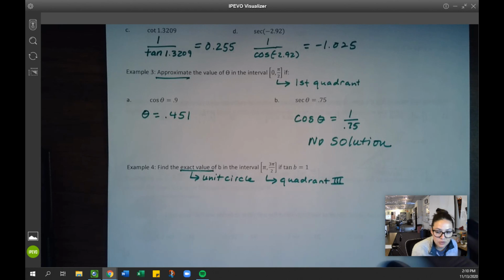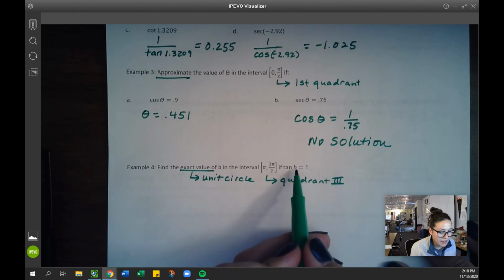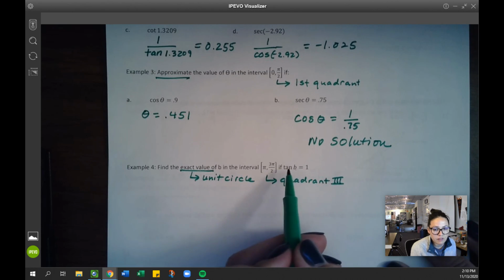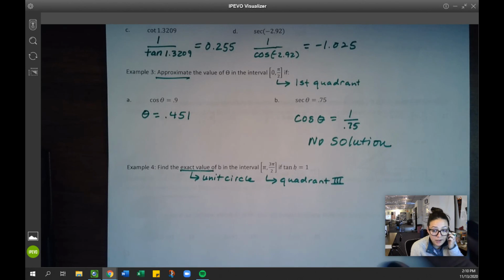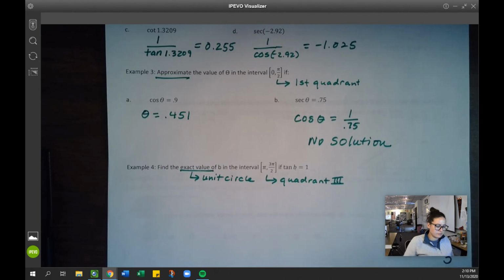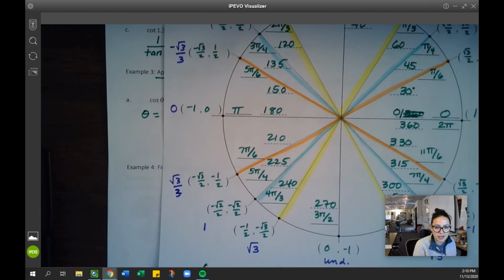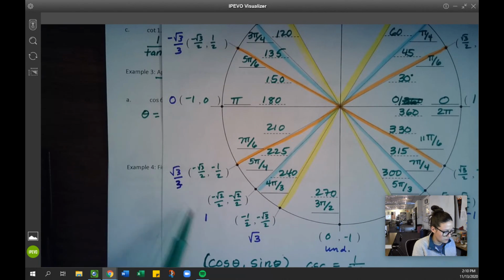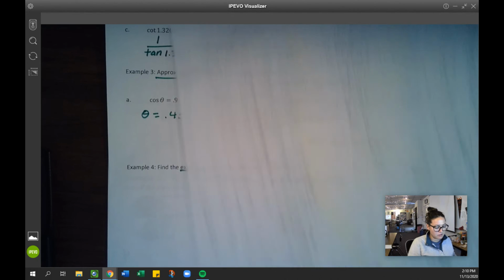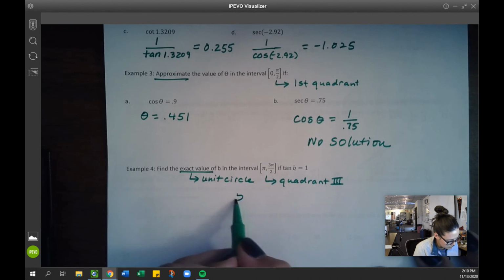So I'm in quadrant 3, and I want to find an angle whose tangent is 1. Well, let's take a look at quadrant 3. Boom. Right here, 5 pi over 4. That's my answer.